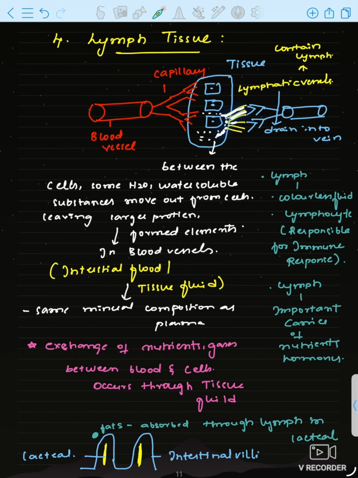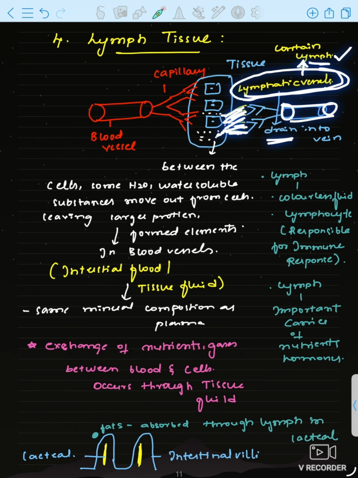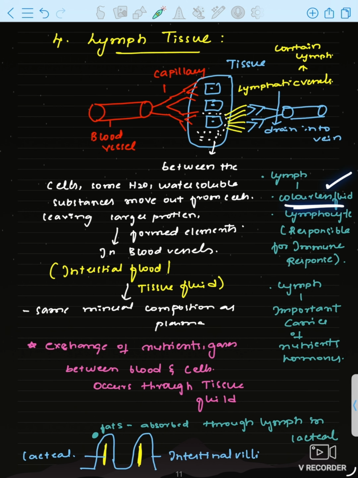Now this interstitial fluid will be drained by lymphatic vessels. Lymphatic vessels take this interstitial fluid and drain it into a vein. These lymphatic vessels contain lymph. What is lymph? Lymph is a colorless fluid and lymphocytes are present.